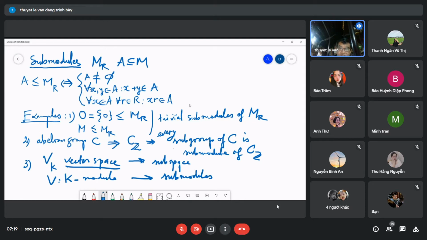And those are the same. Submodule is equal to the subspace.